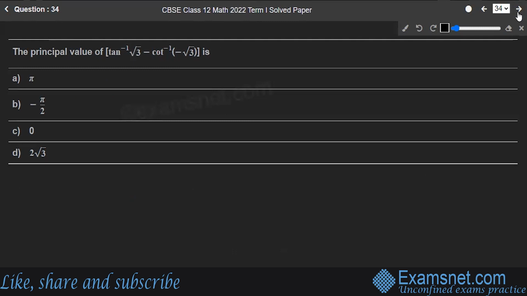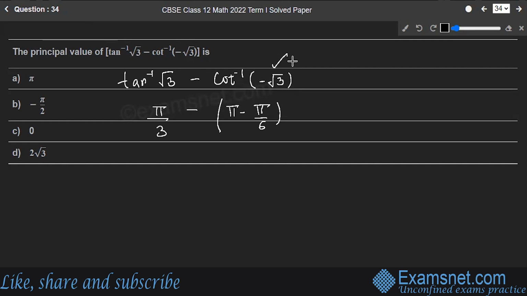Next is the 34th question. The principal value of tangent inverse root 3 minus cot inverse of minus root 3 is. So you have tangent inverse root 3 minus cotangent inverse of minus root 3. What is the tangent inverse of root 3? This is given by pi by 3. Let's discuss it over here.